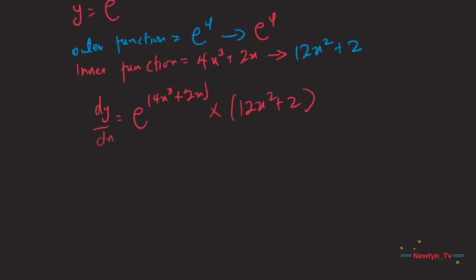So with this one, our final answer will be 12x squared plus 2 multiplying e exponent into bracket 4x exponent 3 plus 2x. Right, then we have our final answer.